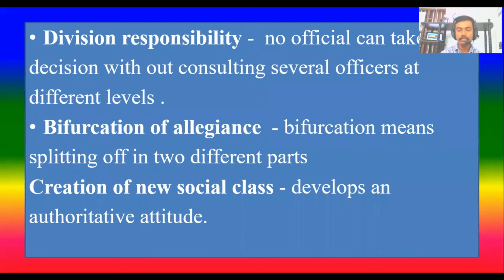Students, the fact is that every rule or function is divided among various bureaucrats. So one person finds it difficult to take decisions, for example in the secretariat: secretary, principal secretary, additional secretary, and so on. Every bureaucrat only tries to implement rules, so a single person finds it difficult to make a decision.